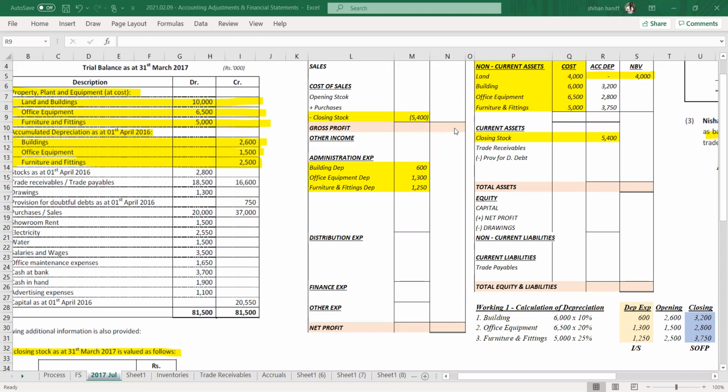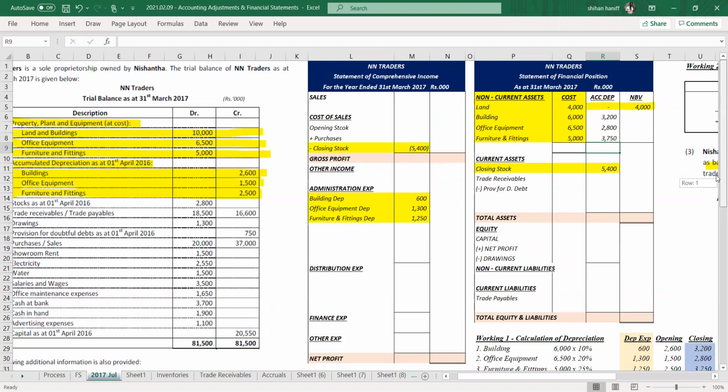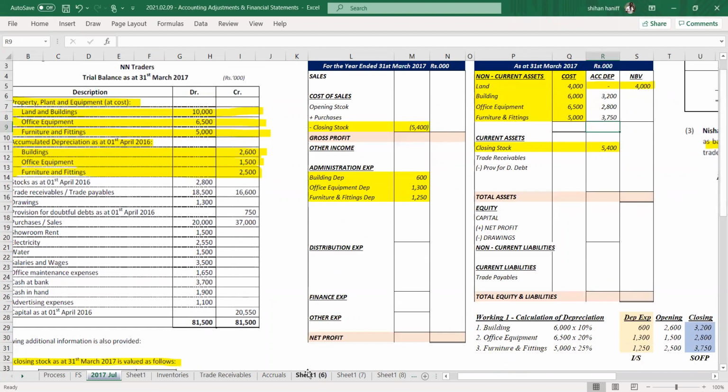Do we need to show the double entry or calculation? In MCQs, sometimes they might ask the double entries. So most of the times, the calculations only. You have to prepare the financial statements. I will give the double entries for all these adjustments. Okay.